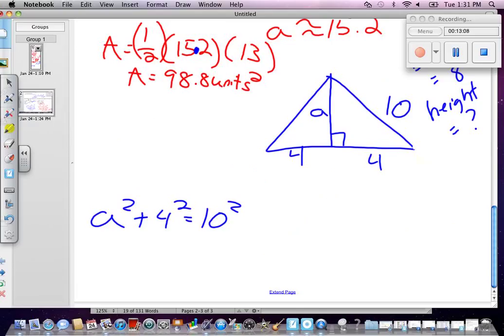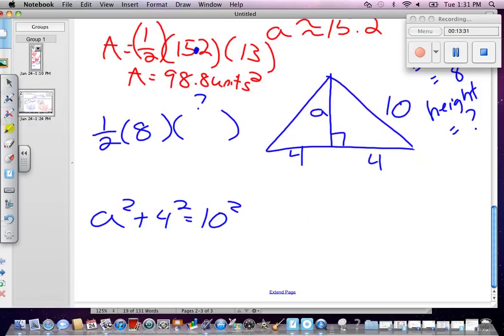So we've got to find the area of the whole thing. We've got the base. We know that's 8. We don't have the height. And we're going to put it in again, 1/2 base times height. So I'm going to find out what that height is. To do that, I'm just going to look at 1/2 of the triangle to find out what A is.